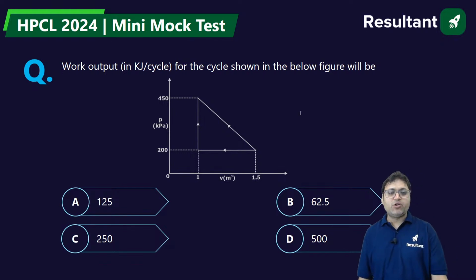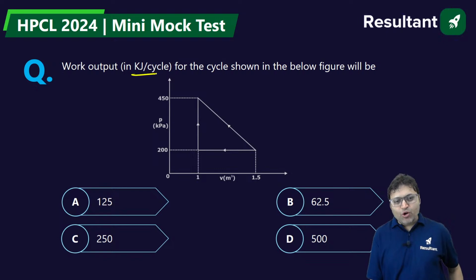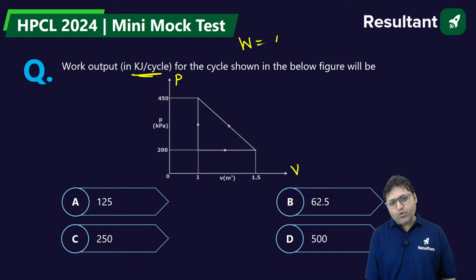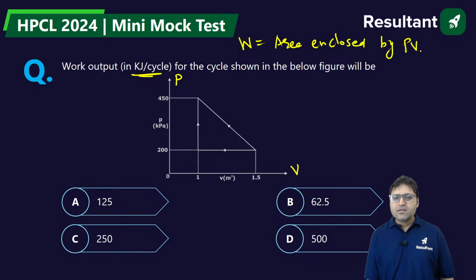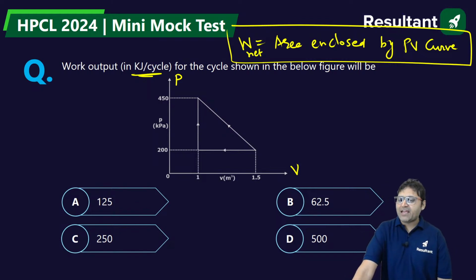Work output needs to be calculated, work output in kilojoule per cycle. It is a single cycle. So what will be the work output in terms of kilojoule in that particular cycle, which is shown on PV diagram. So work is equal to area enclosed by PV curve. The net work output, if it is a thermodynamic cycle, is the area enclosed by the cycle.